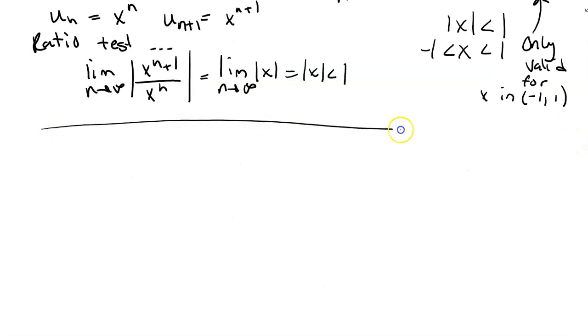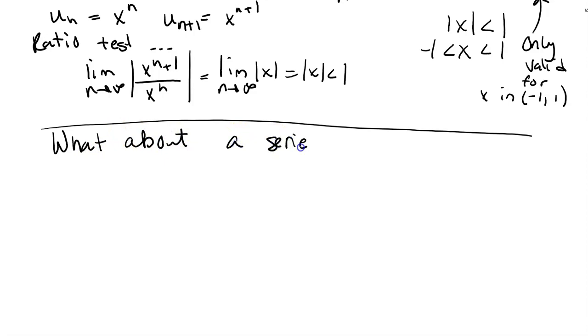So what if you didn't want 0? What if you wanted something like c equals -1? Well, we could do that too. We're just going to have to do a little bit of work on it. So a series centered at c equals -1. To make it fit the format that I want, I need something equivalent.